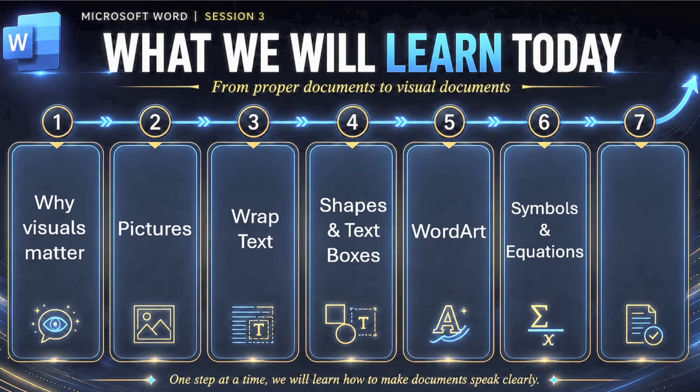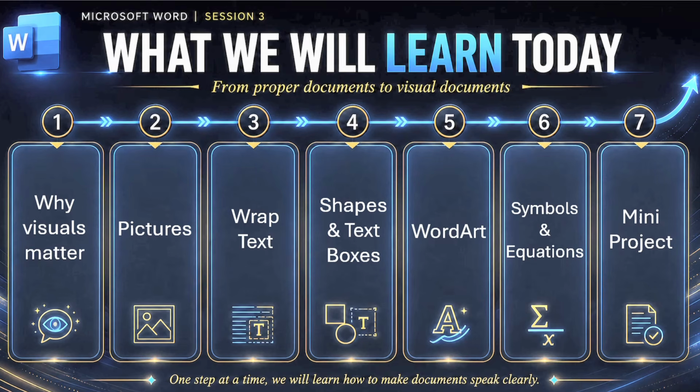And finally, we will bring everything together in one complete main project, Internet Safety Information Sheet. This is where learning becomes practical. This is where separate skills become one finished document.